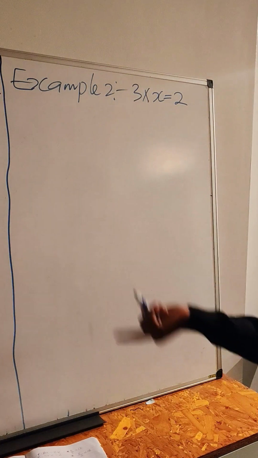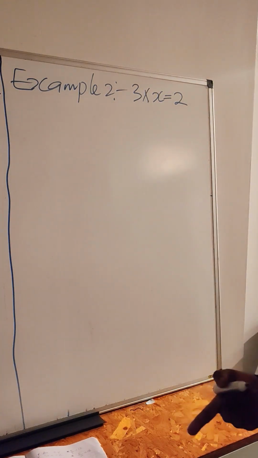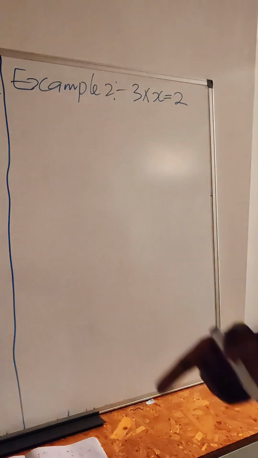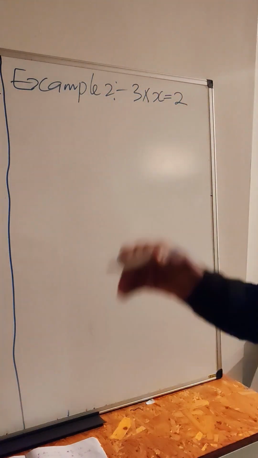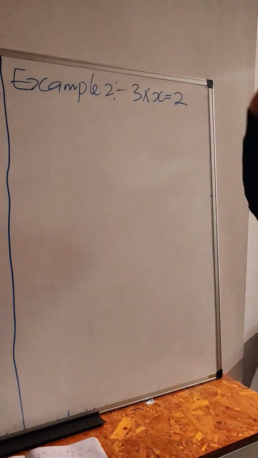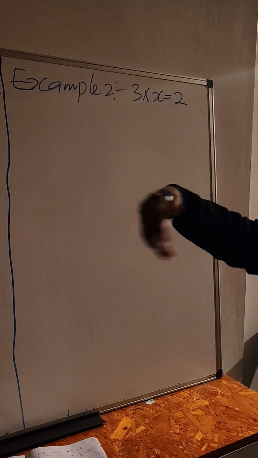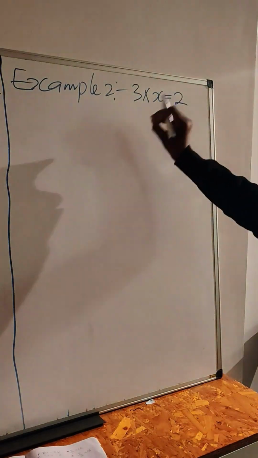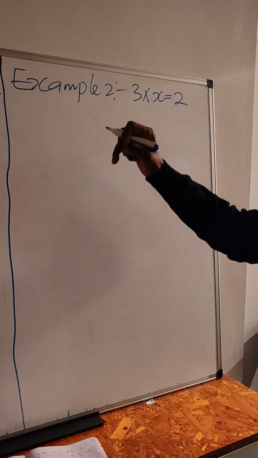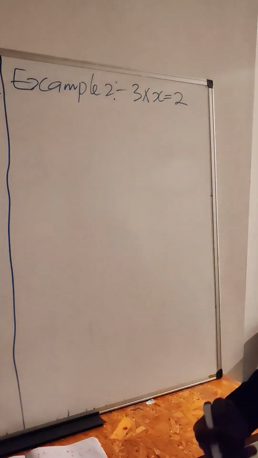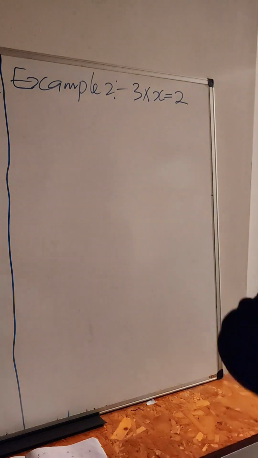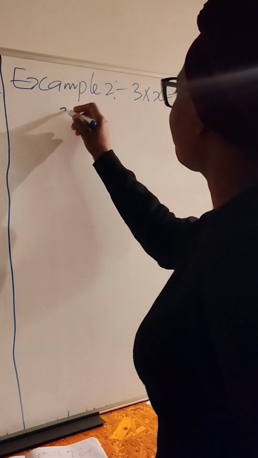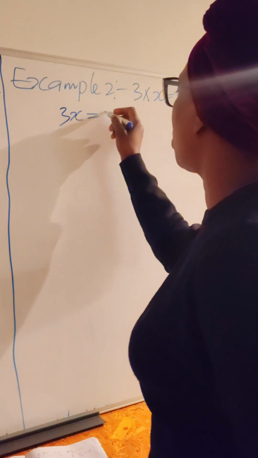So we counter it with a divisible relationship of the same value, 3. We do the same thing we did for example 1: divide both sides by 3. We just follow the operation of using division to counter multiplication, and using multiplication to counter division. That's how it works. So we have 3 times x is 3x equals 2.